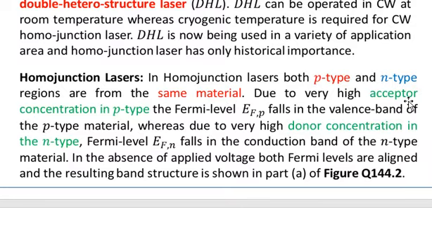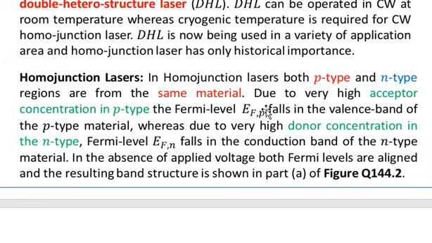Due to the very high acceptor concentration in the p-type, the Fermi level of the p-type material, designated EFP, falls in the valence band, whereas due to the very high donor concentration in the n-type material, the Fermi level EFN falls in the conduction band of the n-type material.